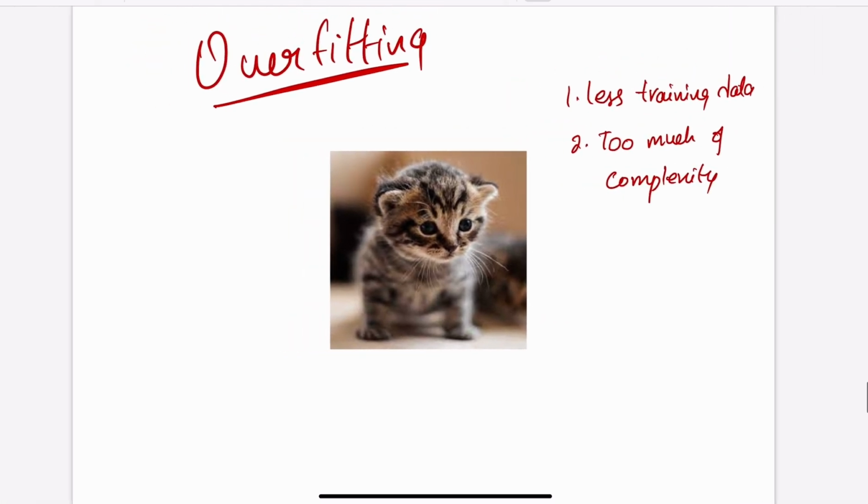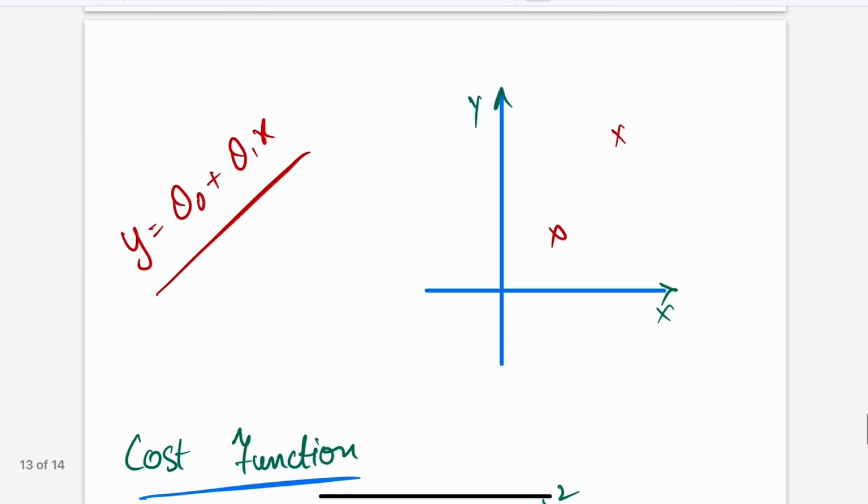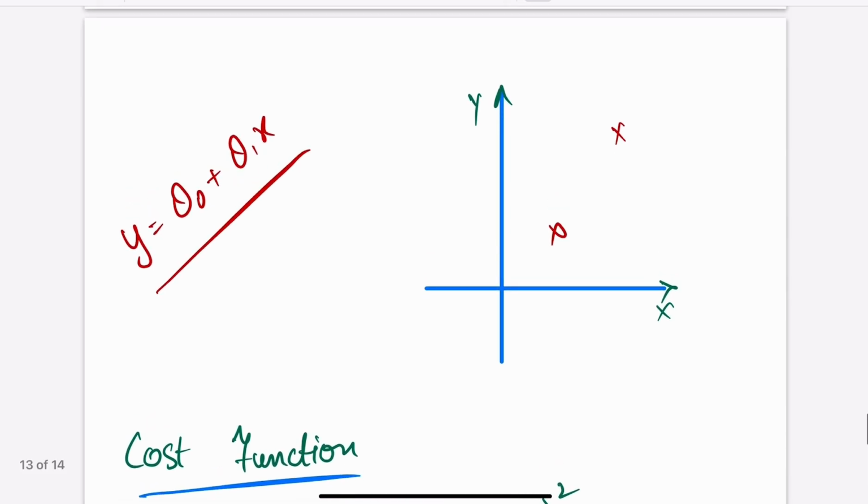So let's dive more into overfitting. I hope you have watched my previous video on linear regression. So here comes the regression part. In linear regression, to give a quick glance, we try to fit a line for these data points.